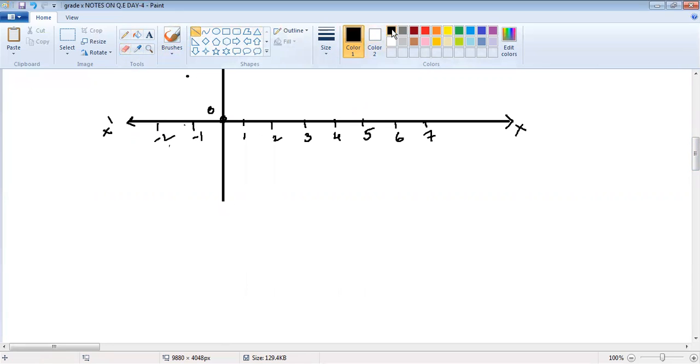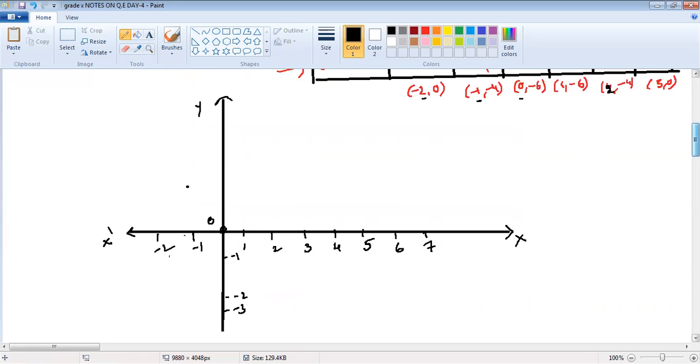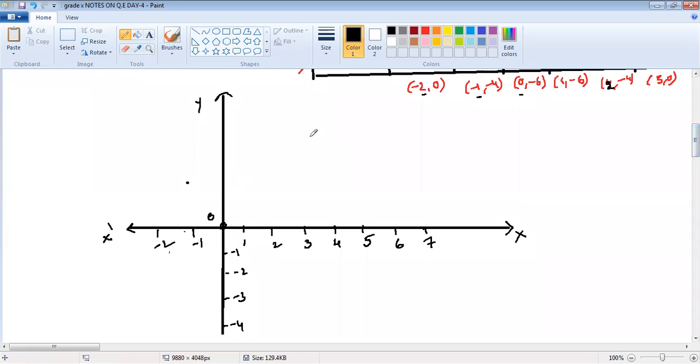Then you have to extend this side also. Please extend it: minus 1, minus 2, minus 3, minus 4, minus 5, minus 6. Then what are the values? We got minus 2 comma 0, so please mark minus 2 comma 0.